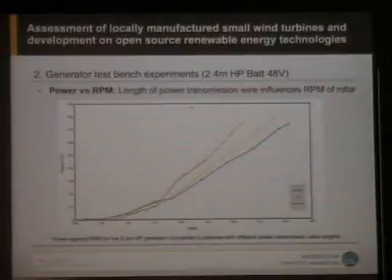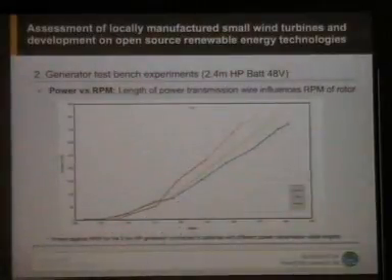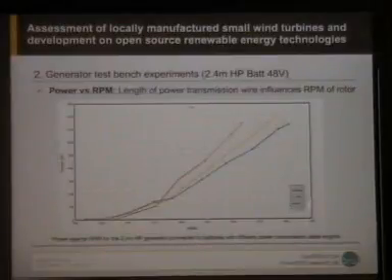Here you see the 20 meters, then 80 meters, and then 140 meters of cable with the same cross-section. As you introduce more resistance into the line, you move your power curve towards the right, so you're speeding up your rotor. You'll be producing, for example, 500 watts at a higher RPM if you use the longer cable.